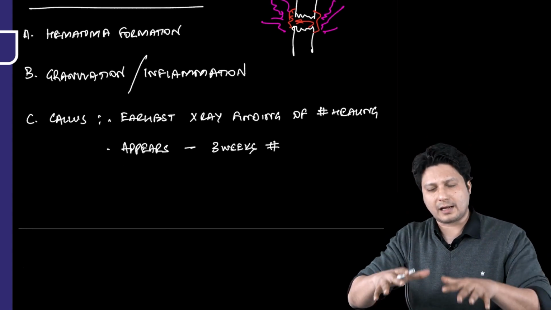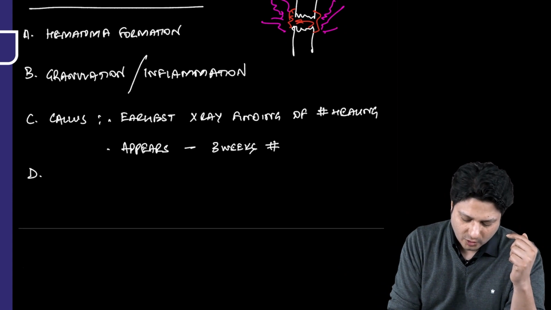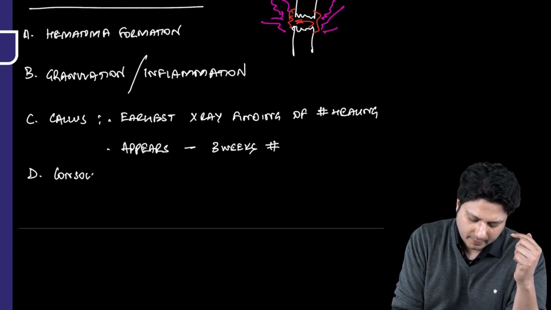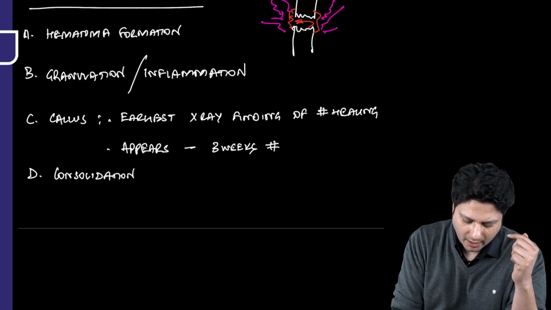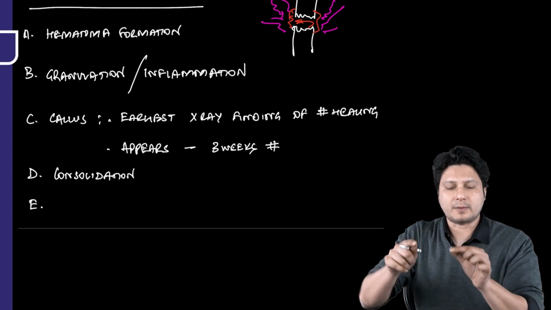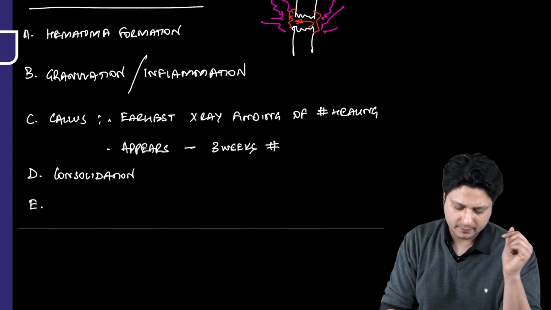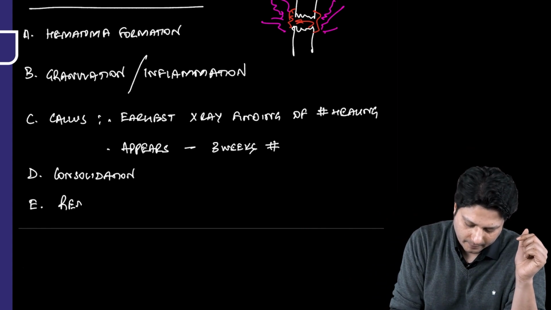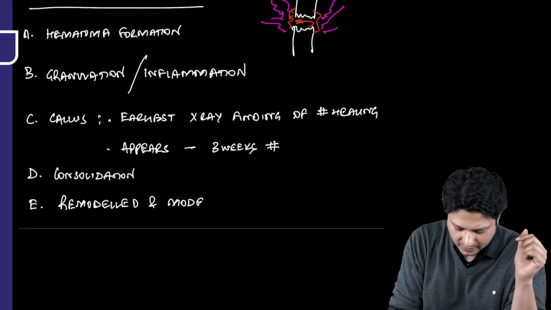And callus is further classified into soft callus and hard callus, because it will be consolidated over a period of time. There will be a consolidation of the soft callus into a hard one. When the person starts using that bone, it will be subjected to a normal change of bone remodeling and modeling. So the bone will be remodeled according to the forces which are applied to the bone.